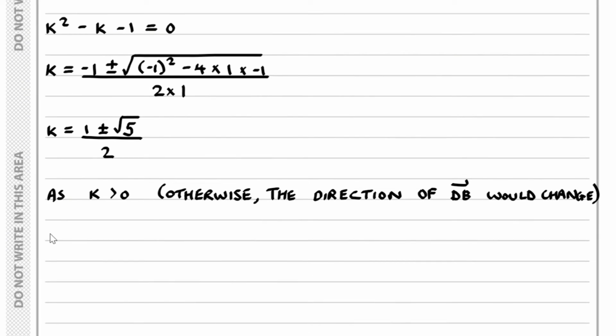So we can therefore conclude K equals 1 plus square root of 5 divided by 2 only.